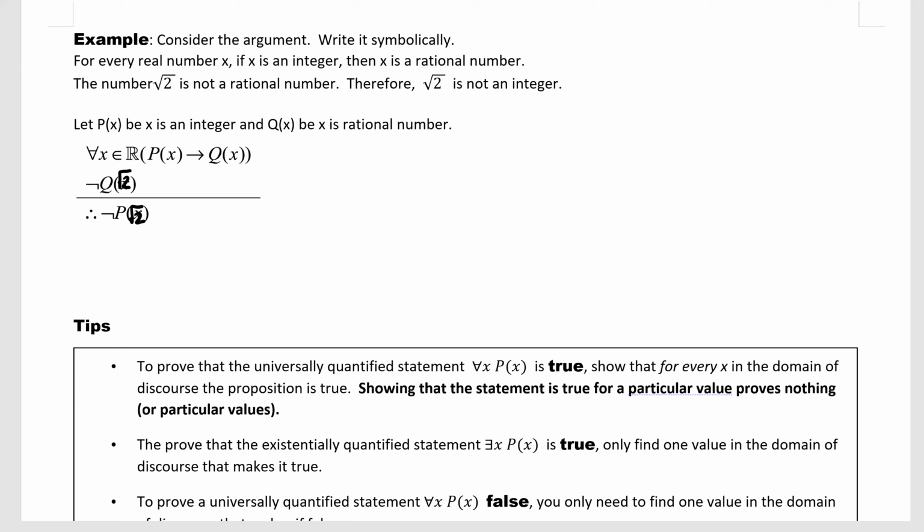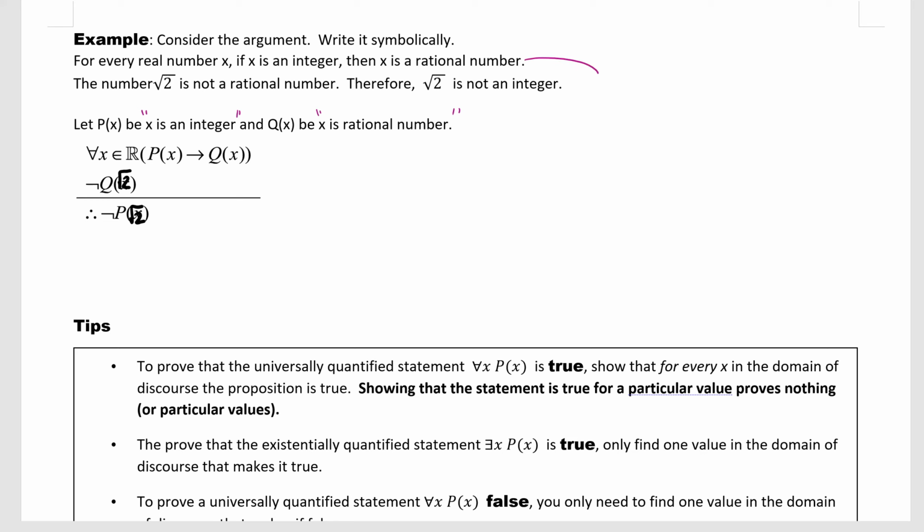Let P of x be x is an integer, and let Q of x be x is a rational number. Then for every x in R, the real numbers, if x is an integer, P of x, then Q of x.